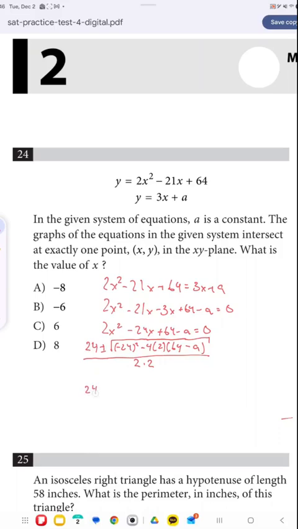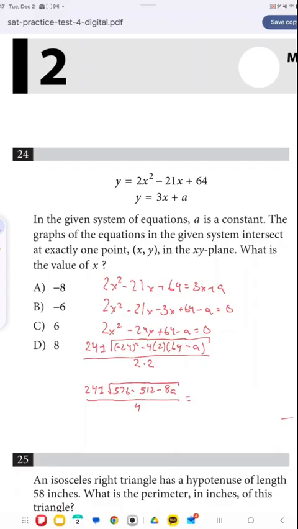So then this simplifies to the square root of 576 minus 512 minus 8a, all over 4.